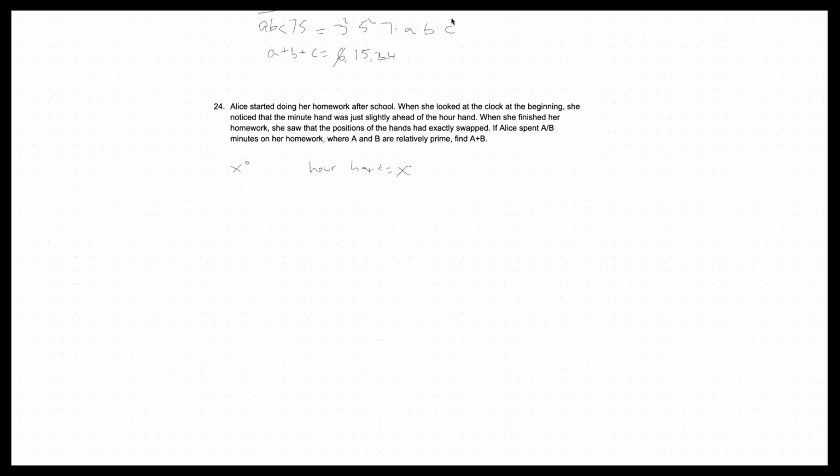And then the minute hand is 360 minus x degrees.